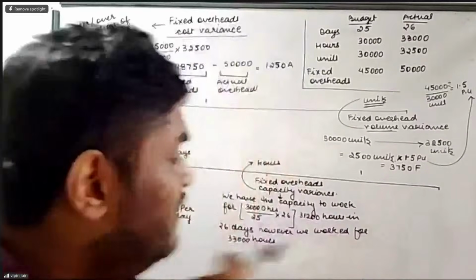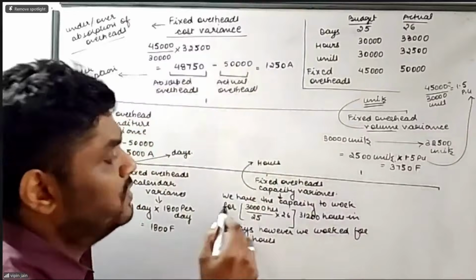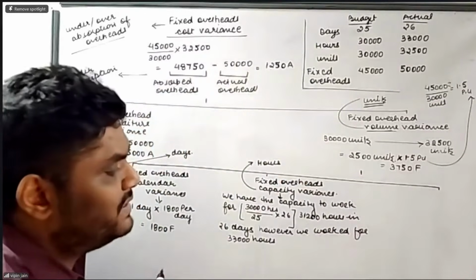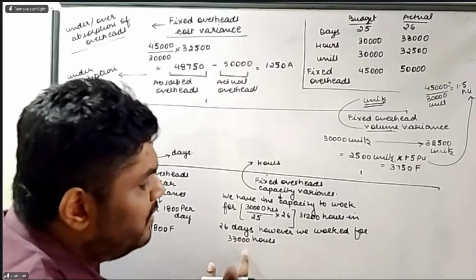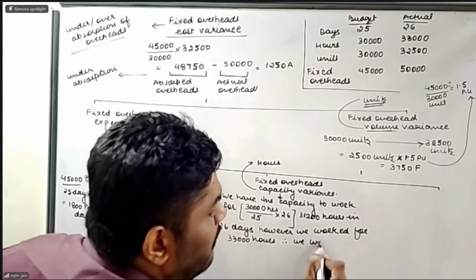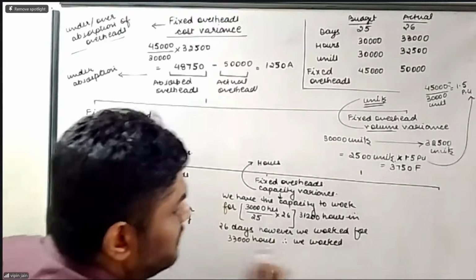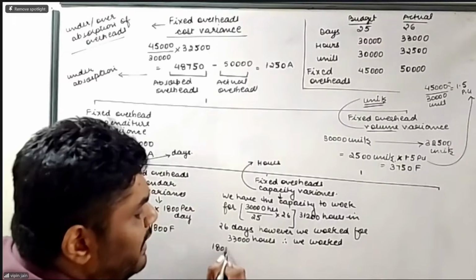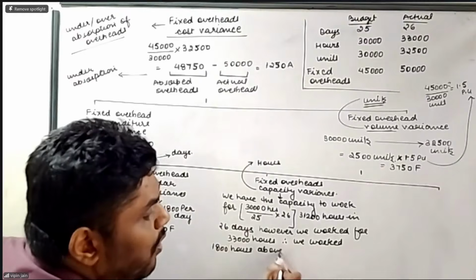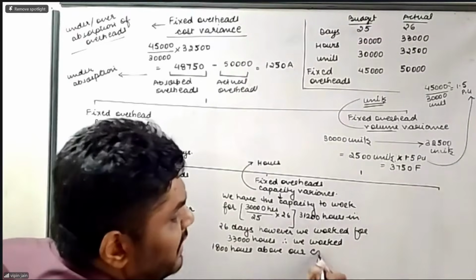That is 1,800 hours. So we have the capacity to work for 31,200 hours in 26 days. However, we work for 33,000 hours. Therefore, we worked 1,800 hours above our capacity.